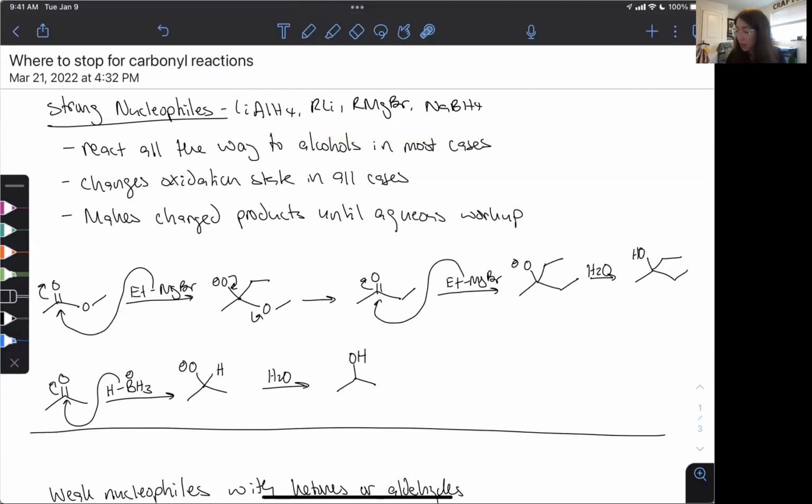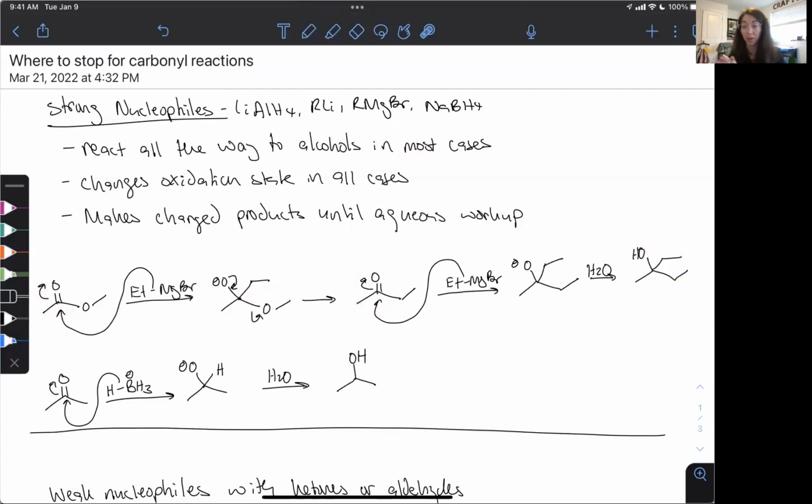So that's why we see the carbonyls generally are going to react to end up getting to the alcohol after the aqueous workup. We do see a change in oxidation state. If we start with something like an ester, once we react that, we're going to lose one bond to oxygen here. We lose another bond to oxygen there. So we end up making two new bonds to carbons, and we now have only one bond to an oxygen.